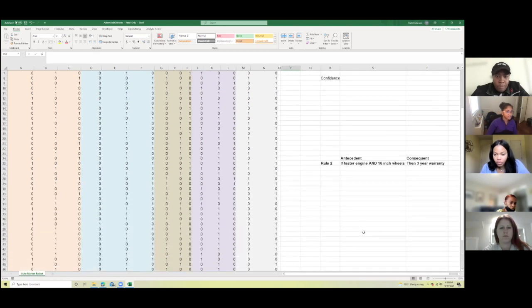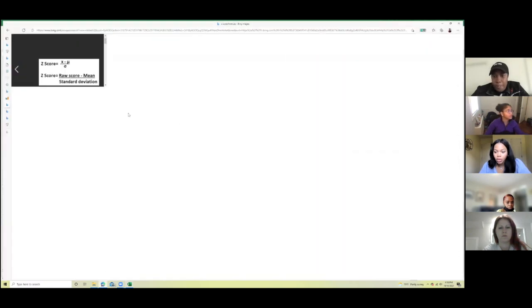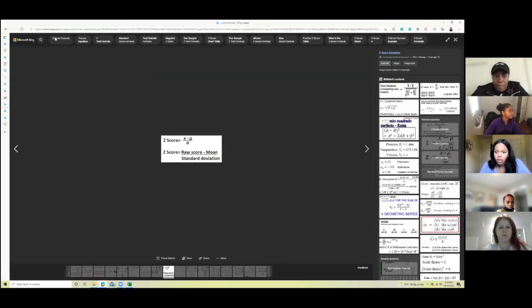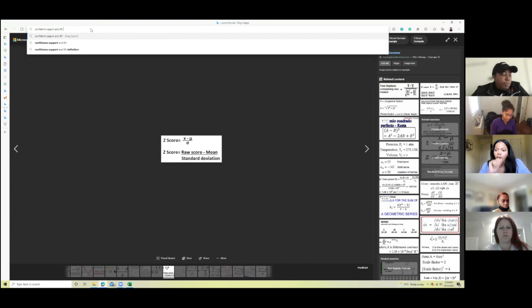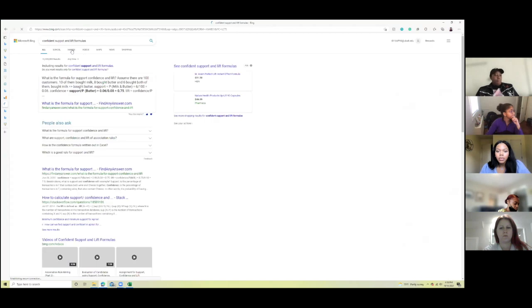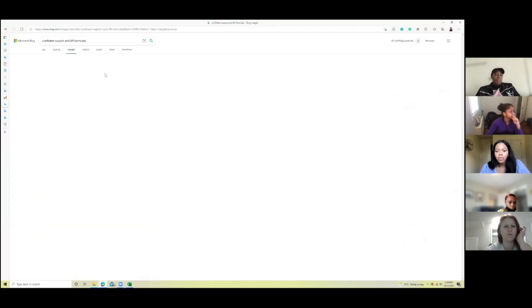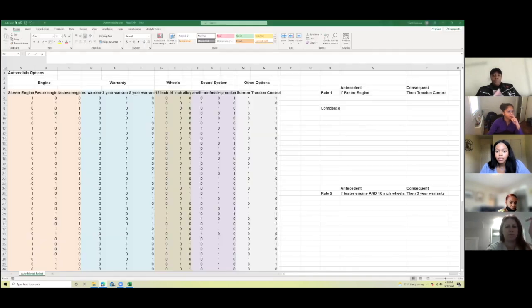Okay. Let me pull up a formula that's pretty intuitive for you guys. Support, lift, formulas, images. Okay, so this one I found to be really helpful.